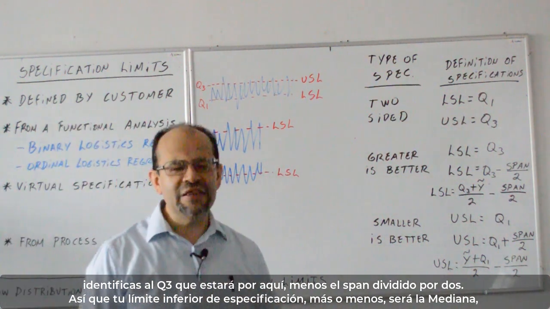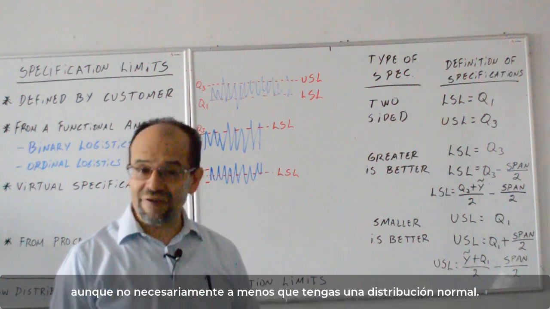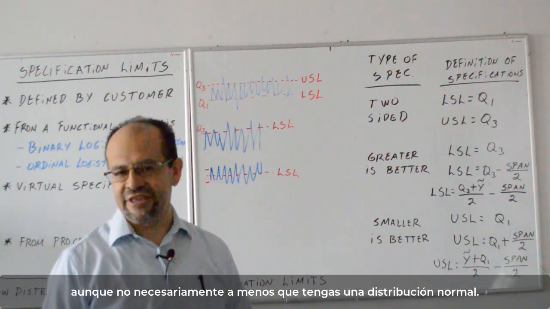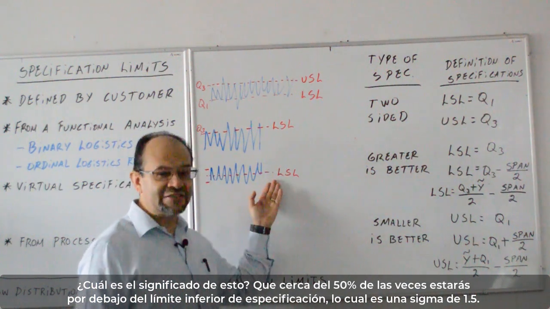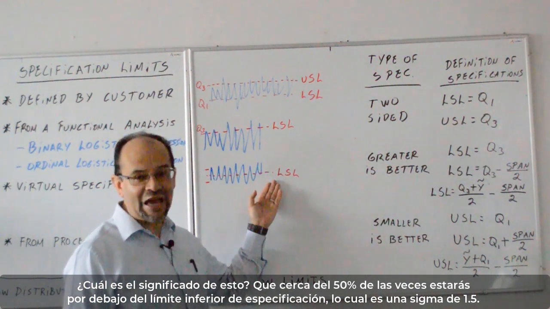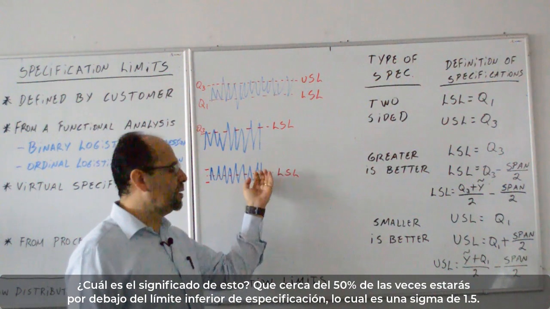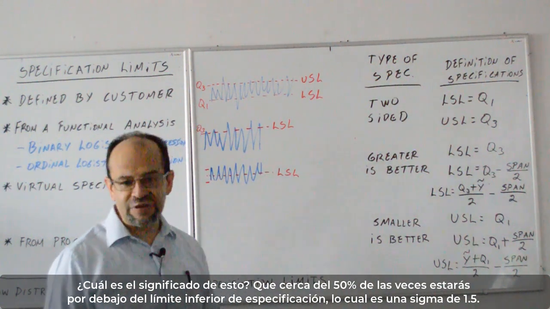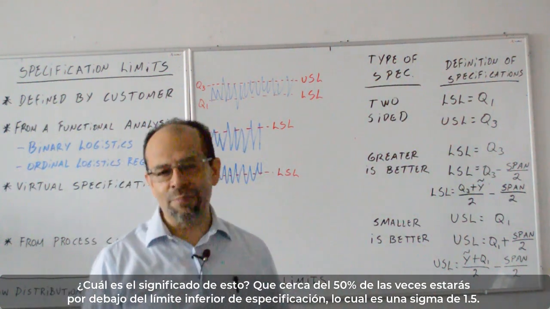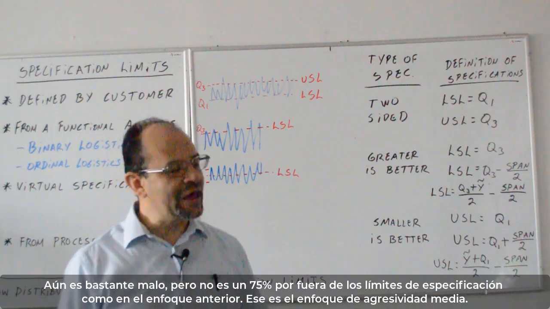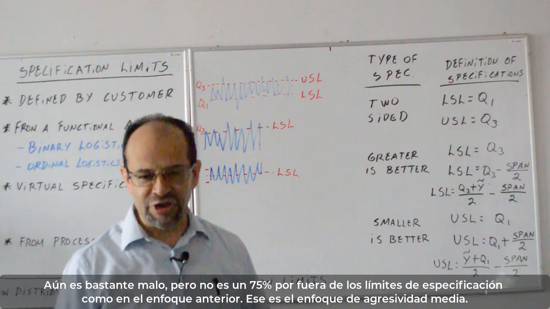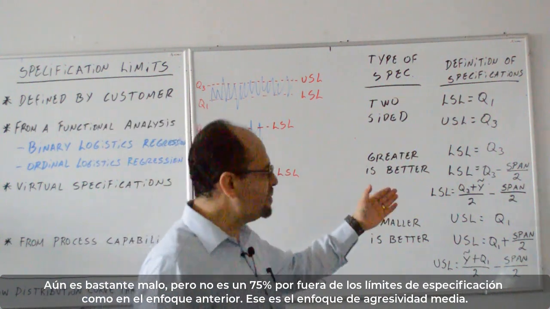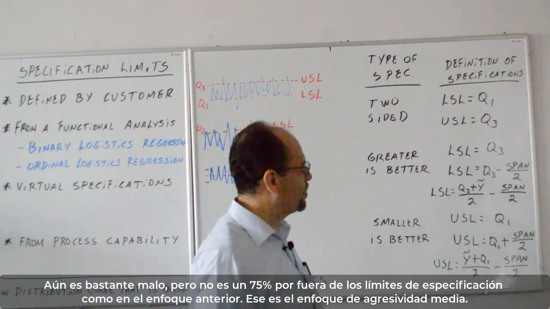It's not exactly the median, but more or less will be the median. If you are having a normal distribution, it will be the median. But well, what is the meaning of this? This means that 50% of the times, you will be below the lower specification limit, which is a sigma of 1.5 sigma. Still very bad, but not 75%, but 50% outside the specification limits. And that is the medium aggressivity approach.